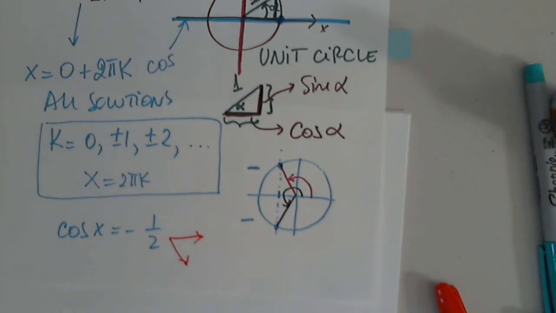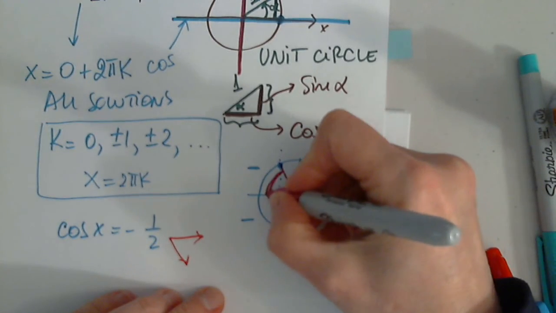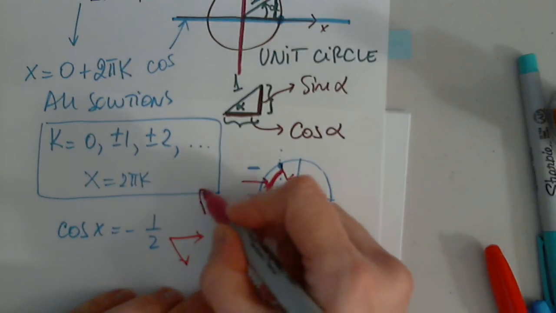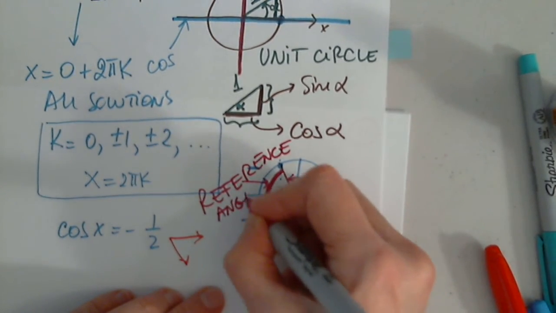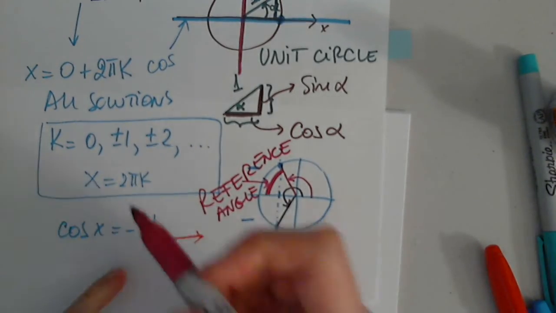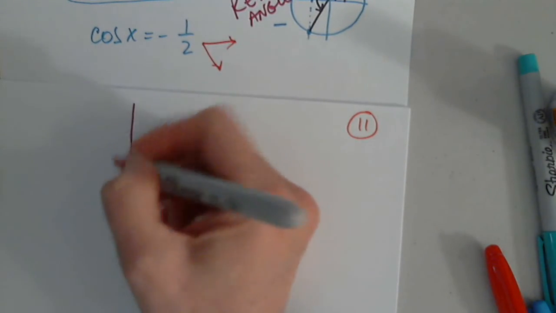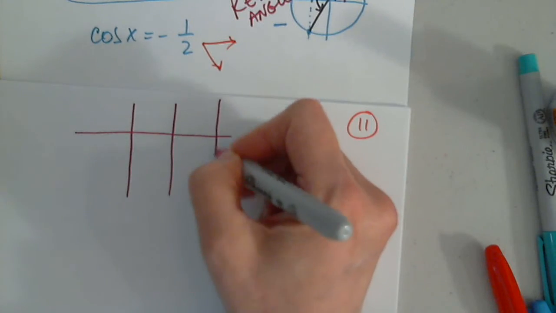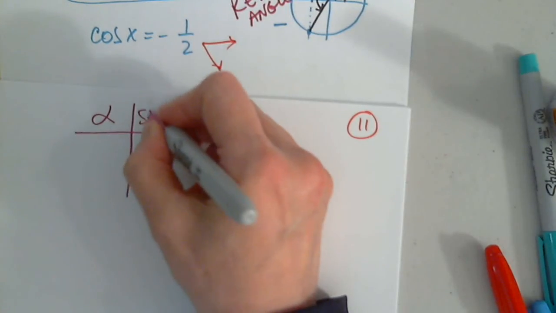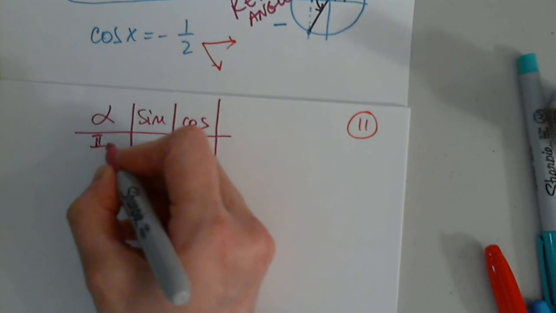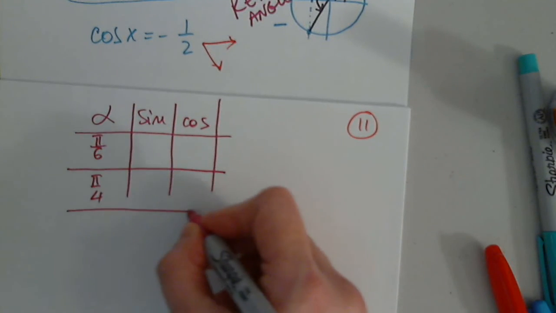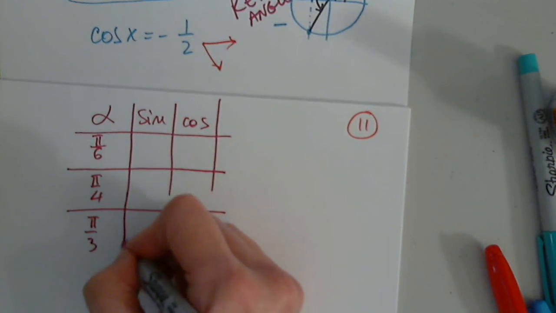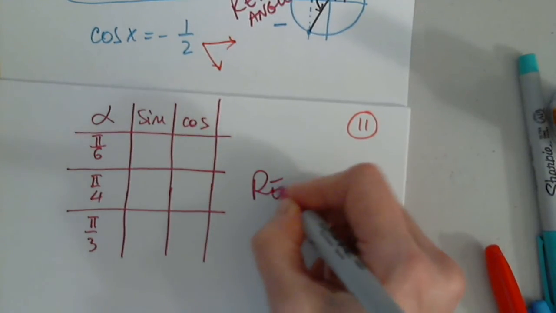Now we have to determine the reference angle. This is the reference angle. Because of that, I highly recommend this little chart. So this is the angle, this is sine, this is cosine, and there are 3 important angles: pi over 6, pi over 4, and pi over 3. Again, this is to remember.